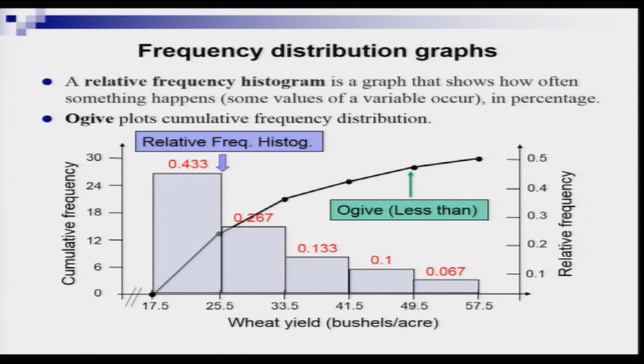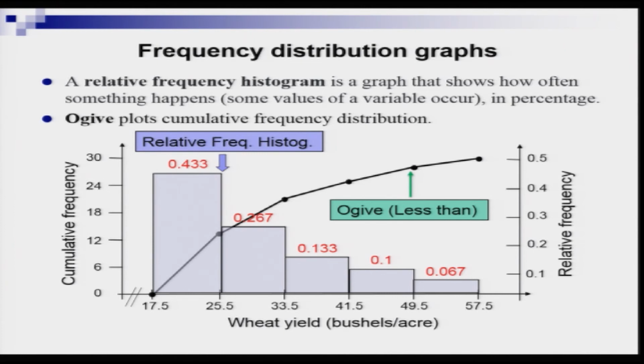So, my bar starts from there, and the first bar represents the probability or the portion of the data that is in the first class, denoted by the class boundary 17.5 to 25.5. The next bar similarly represents the portion of the data that lies in that particular class, denoted by the upper class limit 33.5 and the lower class limit 25.5.